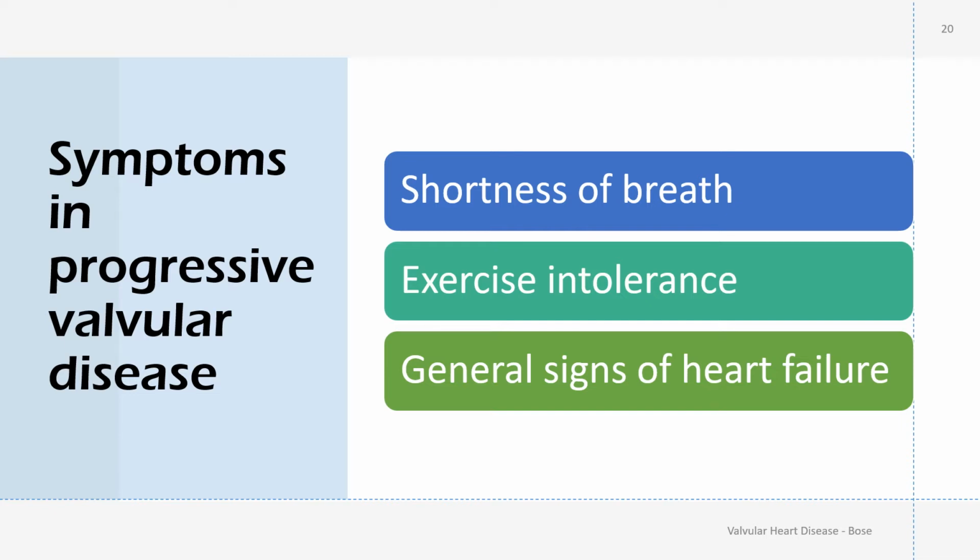The clinical manifestations in progressive valvular disease are quite predictable. Given that these patients portend to heart failure, they demonstrate all the symptoms relative to heart failure. The symptoms resemble the site dysfunction where the valve is located, which is diseased. In general, everyone is short of breath and intolerant of exercise, which is progressive in nature as per the grade of valvular dysfunction.